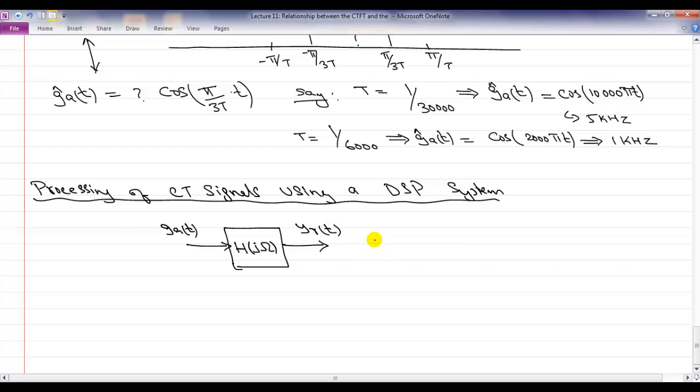So they want a filter to do certain things on a continuous time signal. But you don't want to use a continuous time system to do this operation.